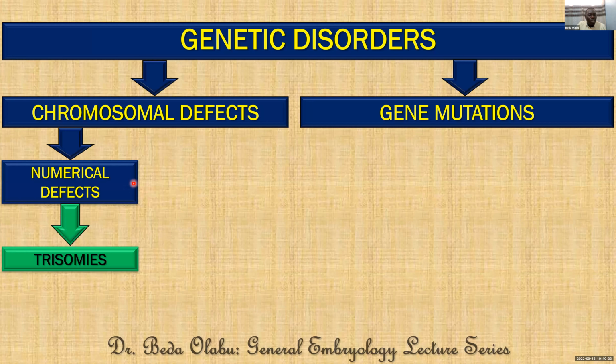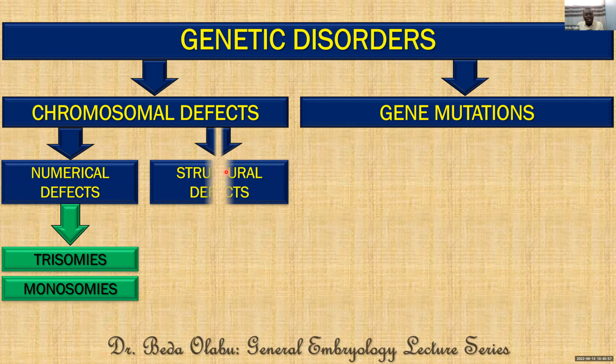You can have numerical chromosomal disorders, which we call aneuploidy syndromes. We talked about some of them last week. It can be trisomies when you have 47 chromosomes, or monosomies when you have 45 chromosomes. Those are numerical chromosomal disorders.